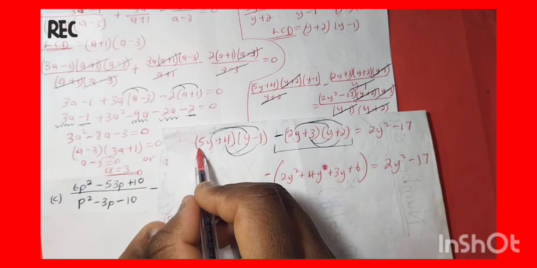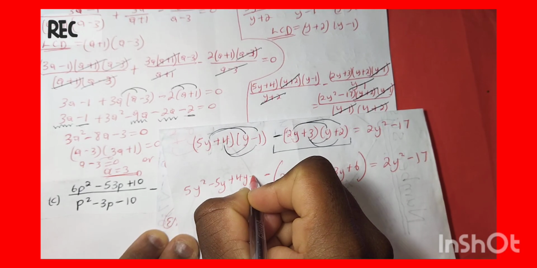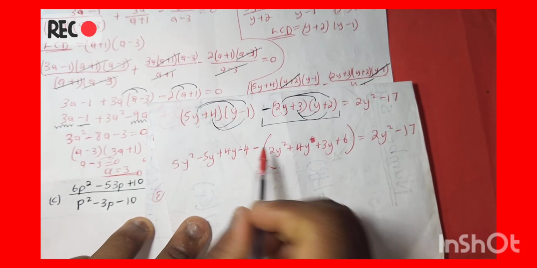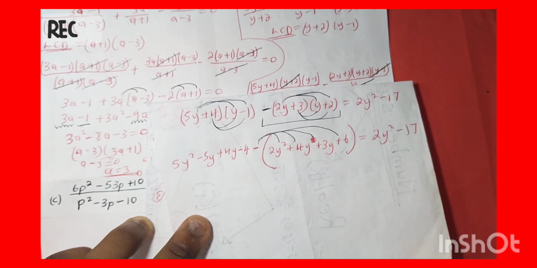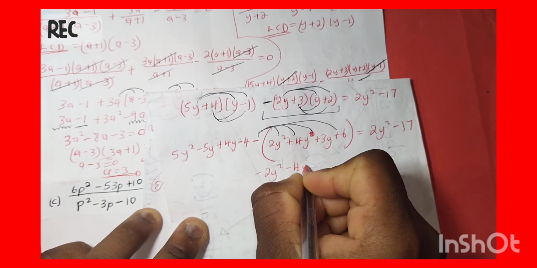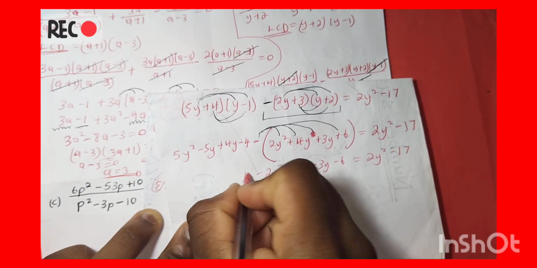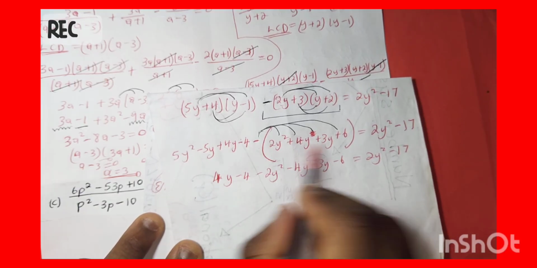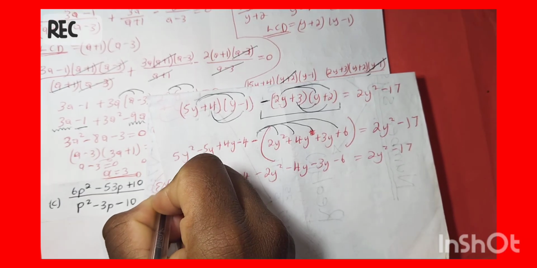On the other side, it's 5y squared minus 5y plus 4y, which is minus 4. The reason that minus is outside is because it involves everything here, and the moment it does, it changes the sign. When you're doing simultaneous, that negative will like to confuse you. Please take note of it.